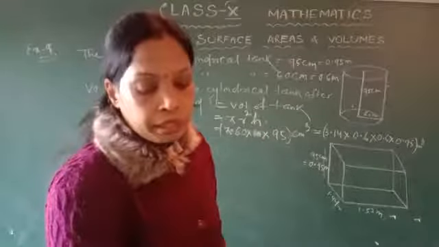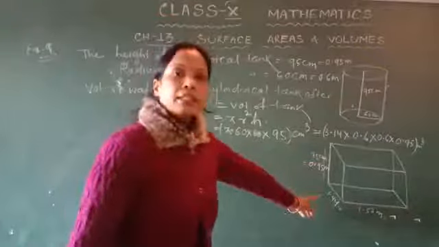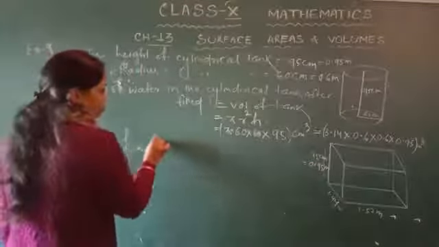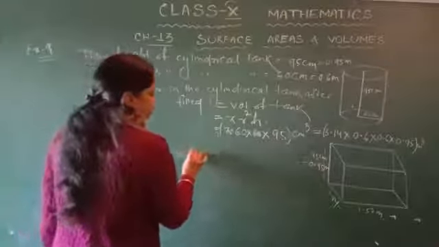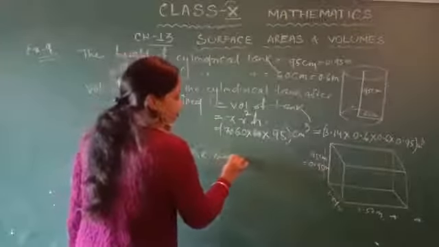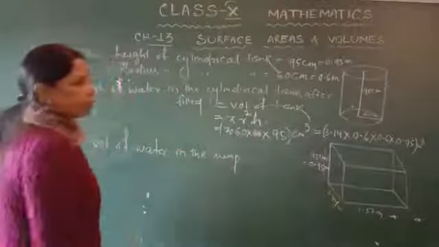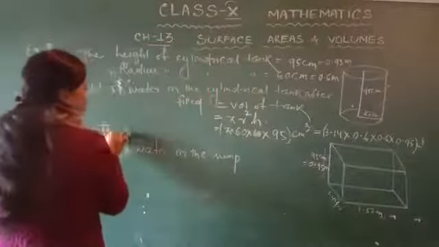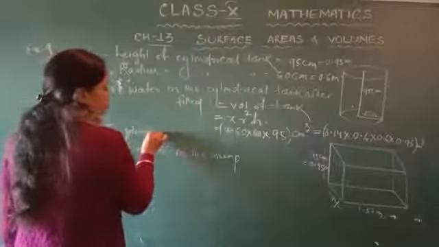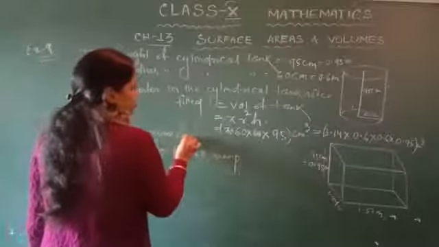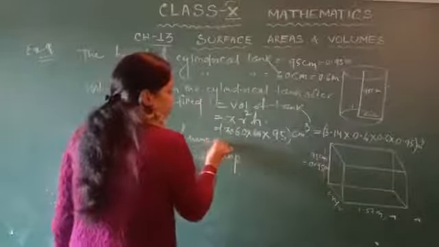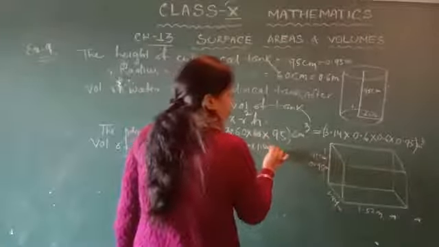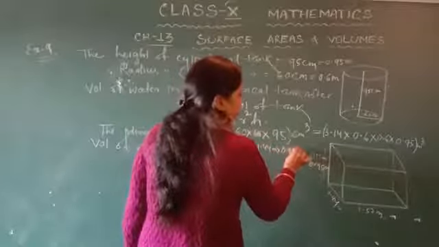Now the volume of water inside the sump. The dimensions of the sump are 1.57 meter into 1.44 meter into 0.95 meter.